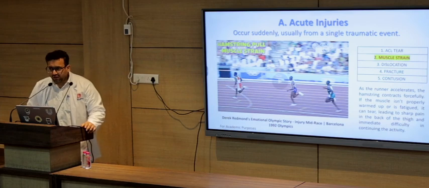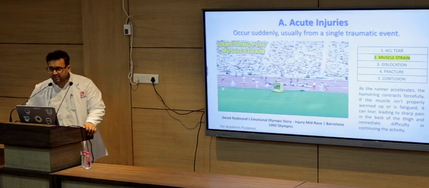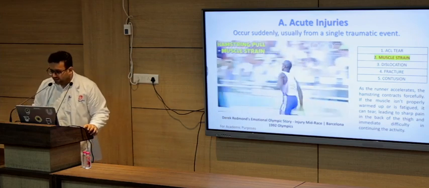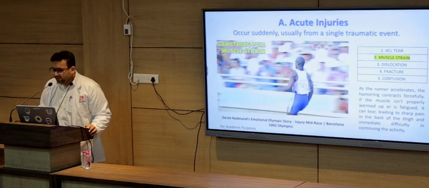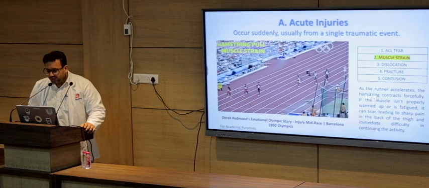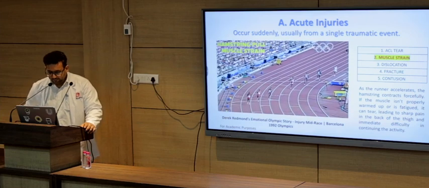Then we have an iconic video from the 1992 Olympics of Derek Redmond, which ended his career due to a hamstring pull. As the runner accelerates in sprinting, the hamstring contracts powerfully. If the muscle isn't properly warmed up or is fatigued, it can tear, leading to sharp pain in the back of the thigh and immediate difficulty in continuing the activity.